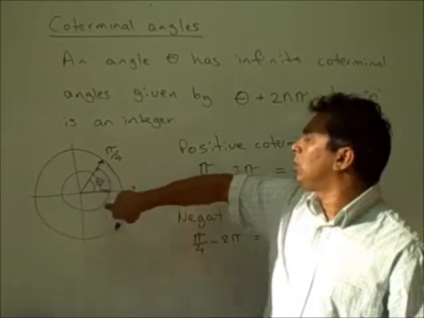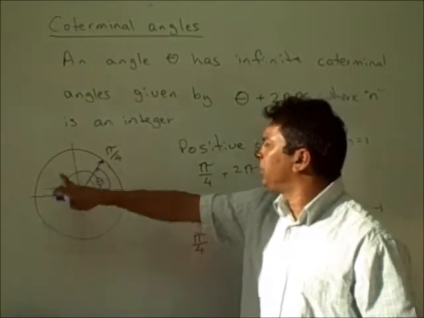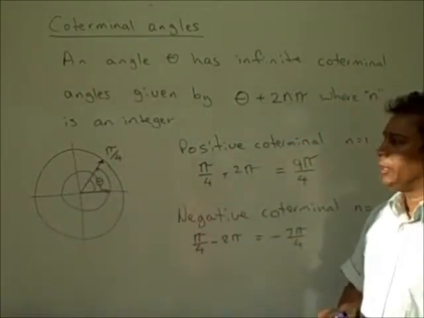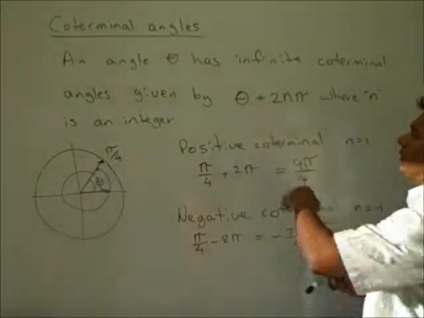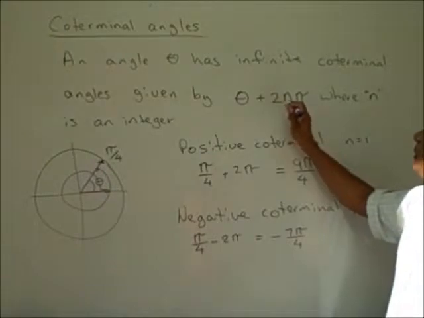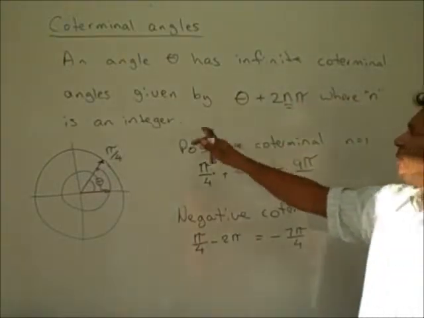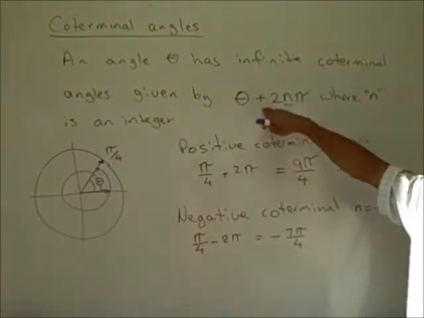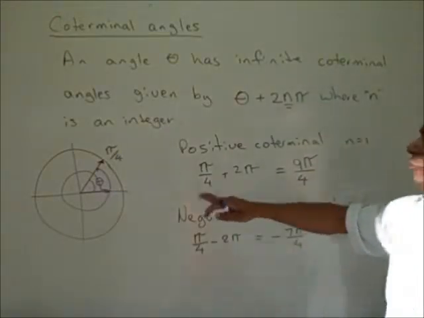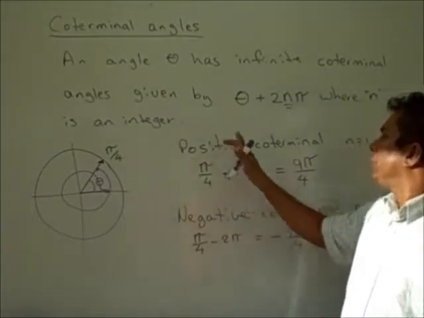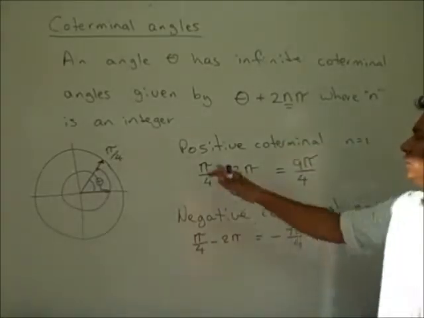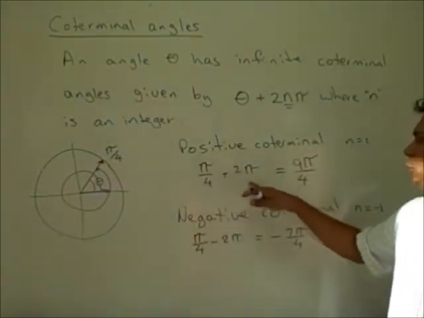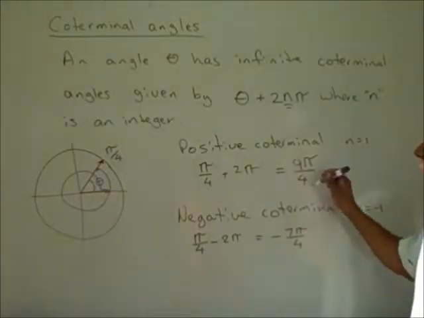We could also go the opposite direction to get a negative coterminal angle. So to find our coterminal angles, theta plus 2n pi, where n is an integer, meaning positive or negative, means we're adding or subtracting 2 pi. For pi over 4, we can find a positive coterminal when n is equal to 1. So it's pi over 4 plus 2 pi, which gives us 9 pi over 4.